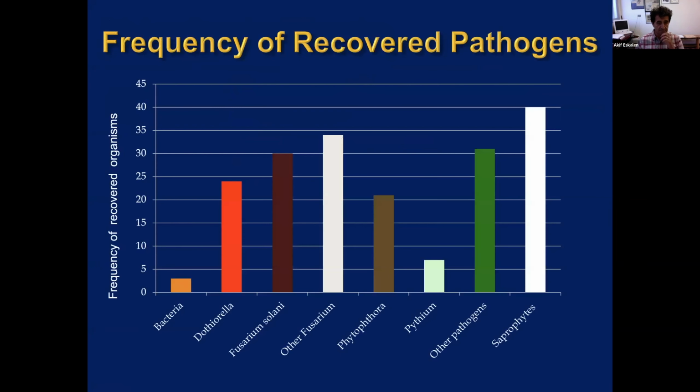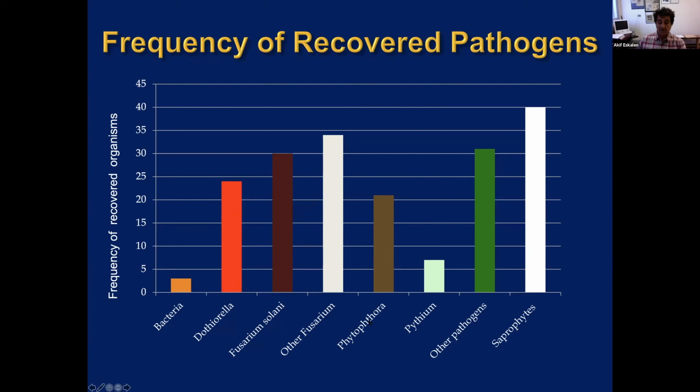That's what we did. This is the quick results, the frequency of the recovered pathogens from our survey. As you can see, this is the number of each organism that was recovered. We isolated bacteria, a group of the Dothiorella from our survey. Fusarium solani is the primary one. Other Fusarium species, I just talked to you about.